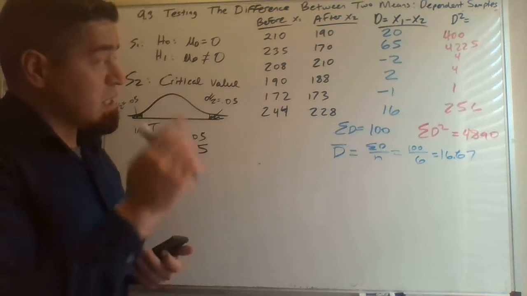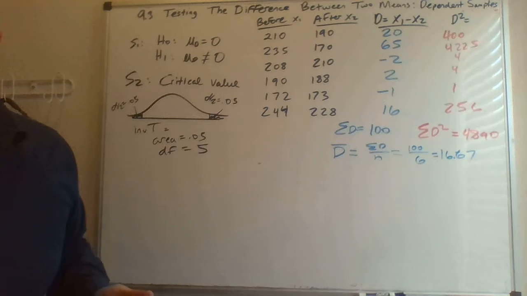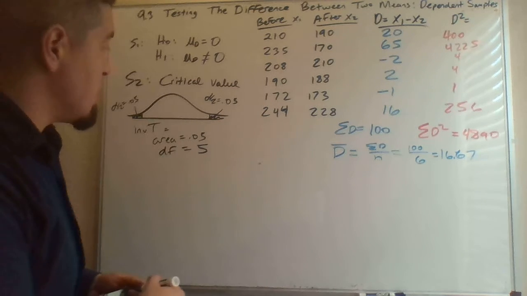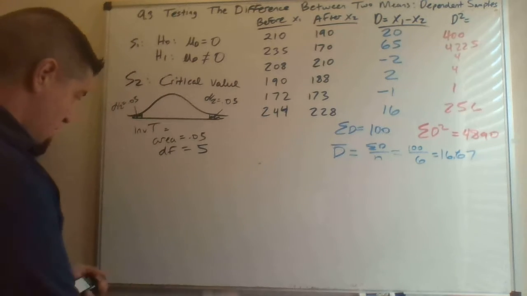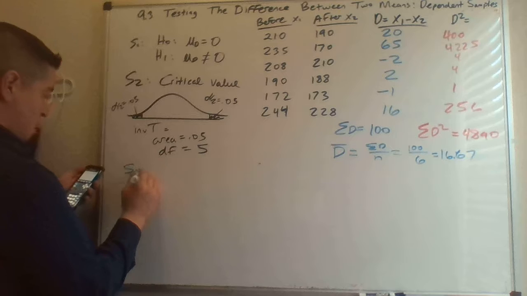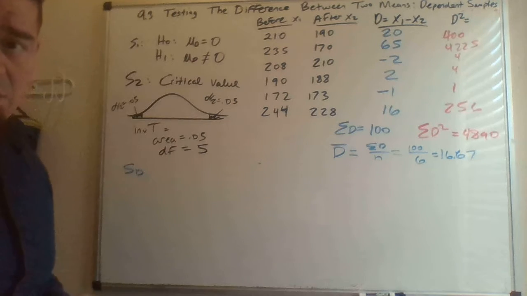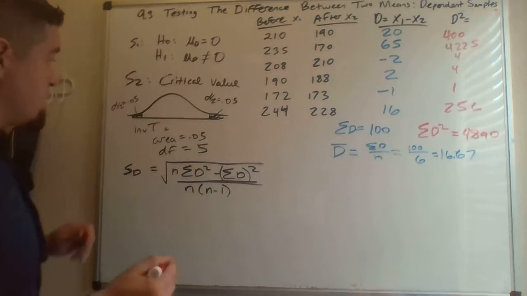So now, with the sum of the differences, the sum of the differences squared, and the mean difference, we can go ahead and use our formula for the standard deviation, which I'm going to write over here because I'll probably need the space over there. So the standard deviation of the differences, I'll write the formula and then we'll substitute. Okay, so here's the formula.